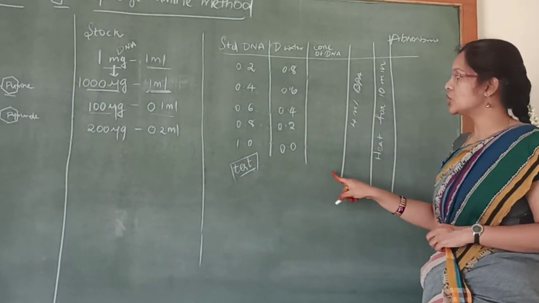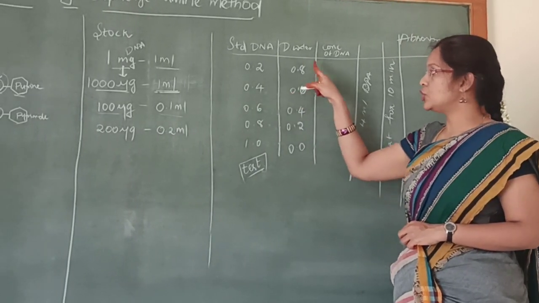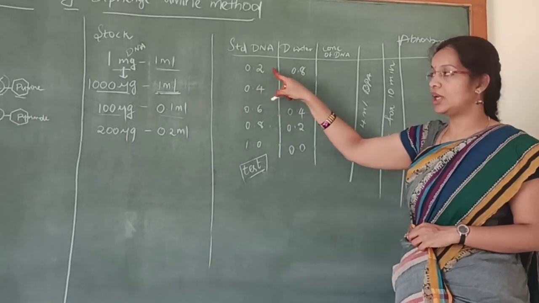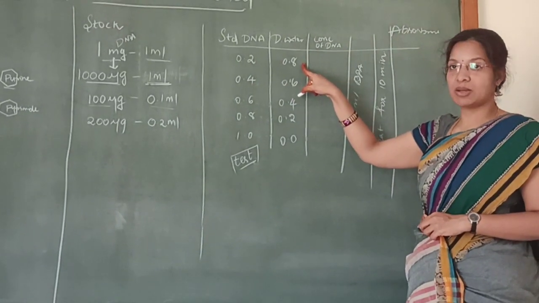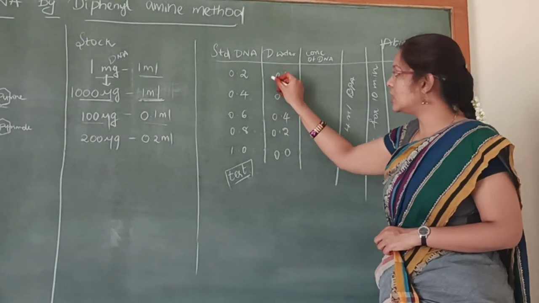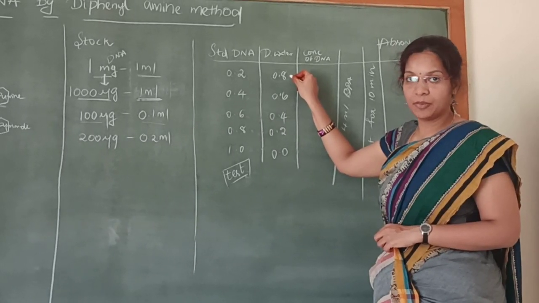Now concentration of the DNA in each test tube. In this test tube, the standard stock DNA is 0.2 ml and you have 0.8 ml of water. You need to understand that distilled water does not contain any amount of DNA.